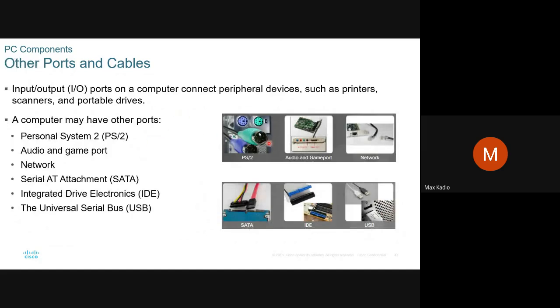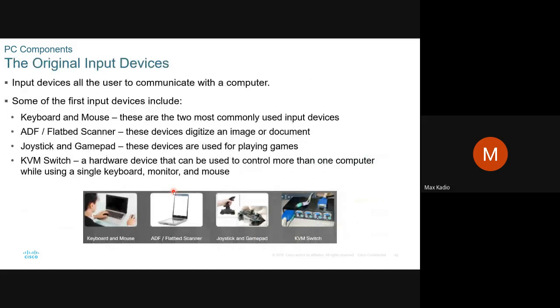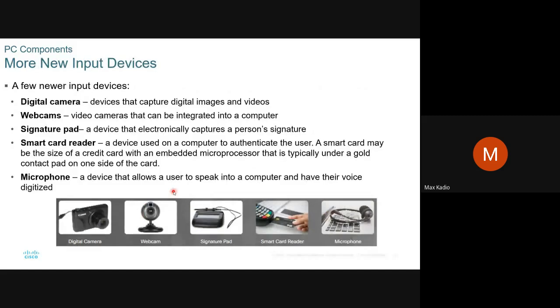In the old days, for keyboard and mouse, we used PS2. The hard drive in the old days, it was this. So all these, I'll bring them so that we can have a look. I'll show you what is the most important.